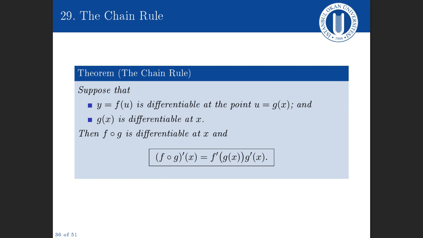So first of all, let's suppose we've got two differentiable functions, f and g. Then f composed with g is differentiable, and the formula is the derivative of f composed with g is the derivative of f calculated at g of x multiplied by the derivative of g.